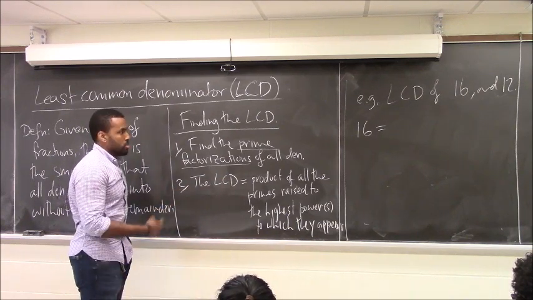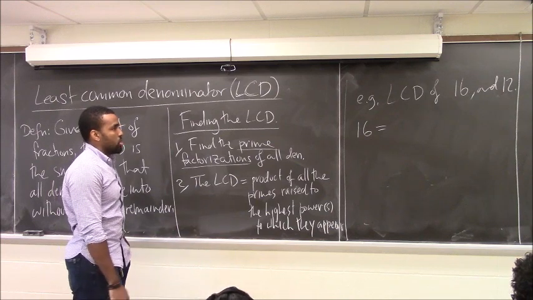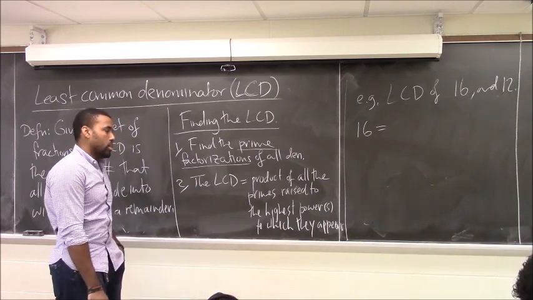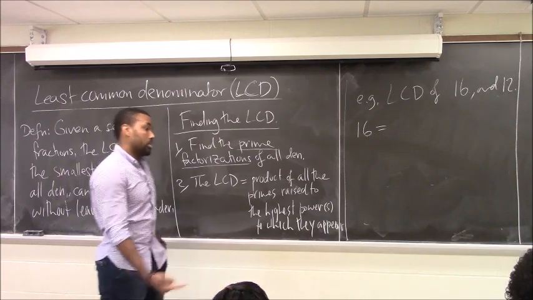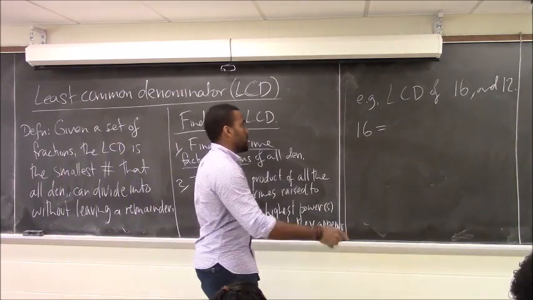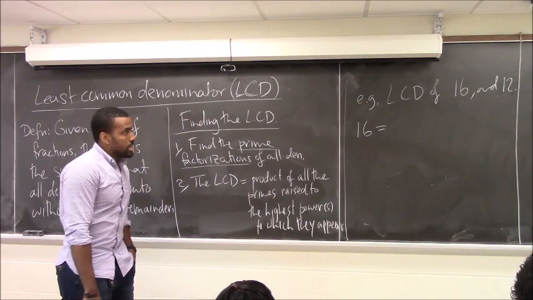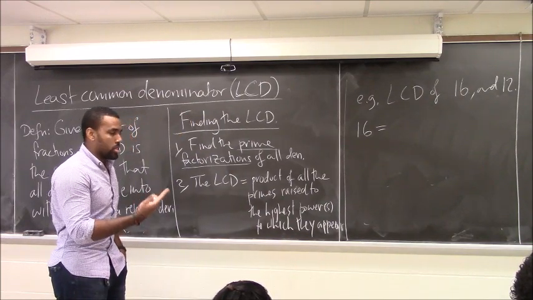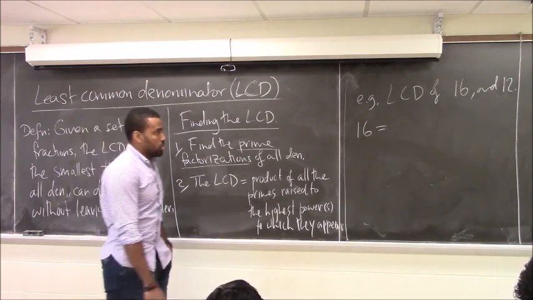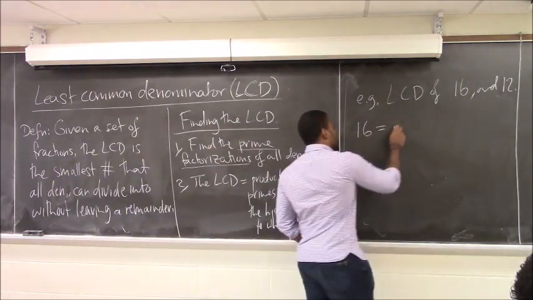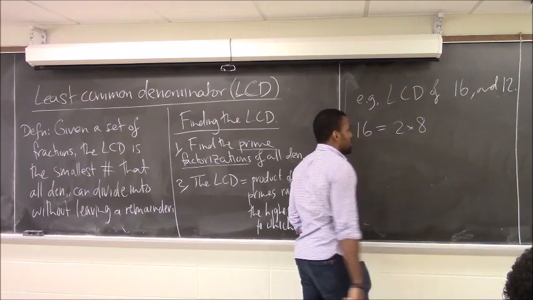For some numbers you start small, with the smallest prime number that you know can go into it. So the first few prime numbers are 2, 3, 5, 7, skip 9, 9 is not prime, then 11, etc. We can see that 2 goes into this because it ends with a 6. If anything ends with a 0, 2, 4, 6, or 8, we know 2 can divide into it. So I would divide 2 into that, and I would be left with 8.